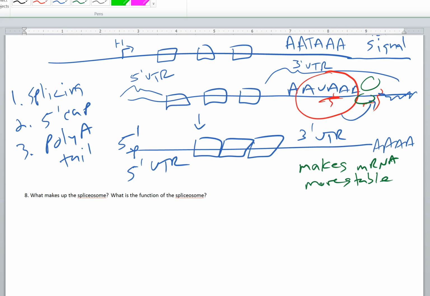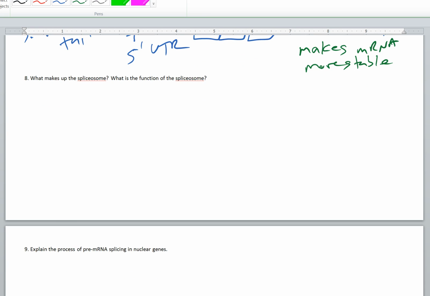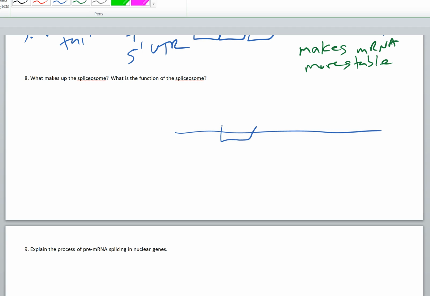So what's the spliceosome? The spliceosome is the complex that splices out the introns. If we focus in on an intron, there's a series of proteins that bind here, and then another one binds here, and then another one binds here.